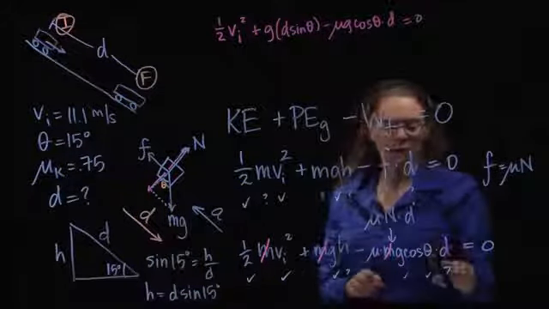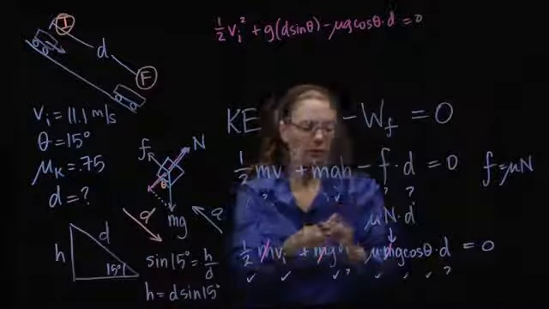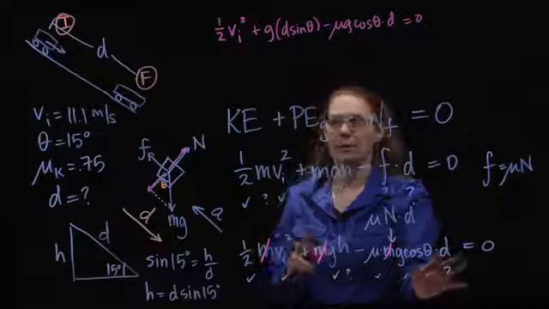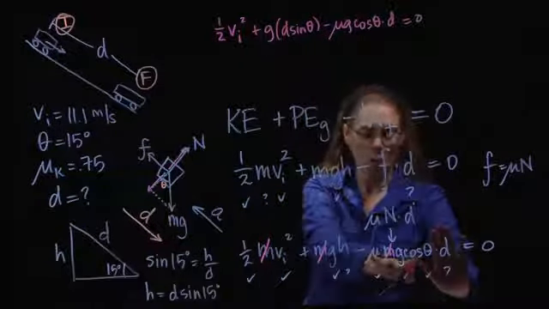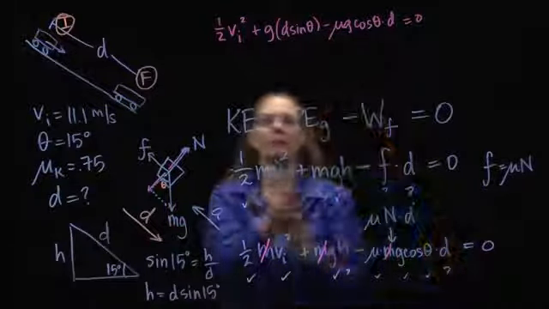And losing this d right here is a really common mistake, so don't forget to keep that d in that term. If it's just this, it's a force. If you add the d in there, it's a work, and we need work in this.